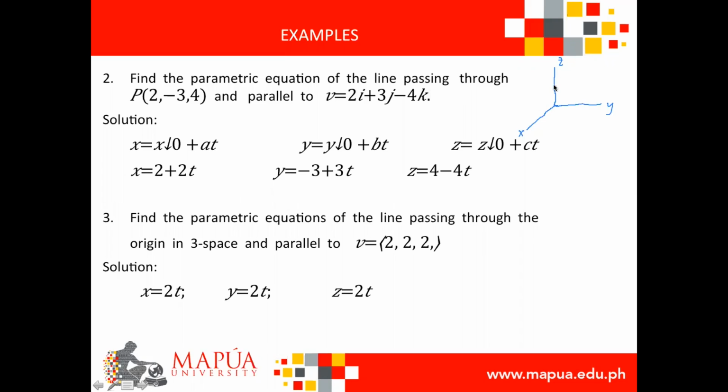Suppose this is now your line L whose point P is given. Then we have a vector V whose components are 2i + 3j - 4k, or this can also be written in bracket form, V = ⟨2, 3, -4⟩. This is your vector V, which is parallel to line L.